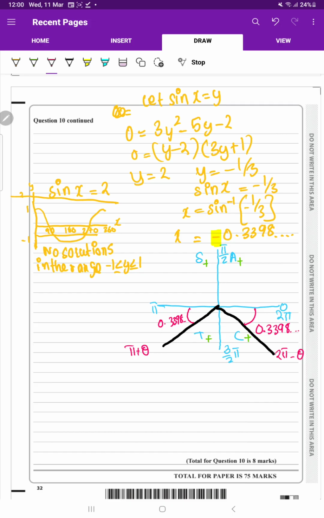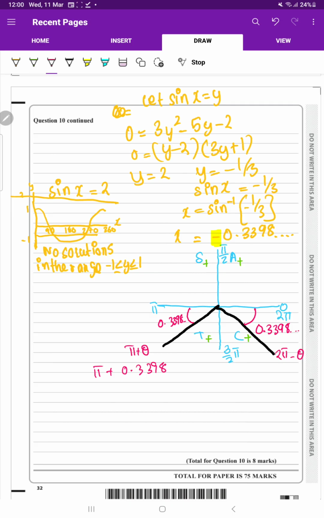So what you are going to do is add pi plus this 0.3398.